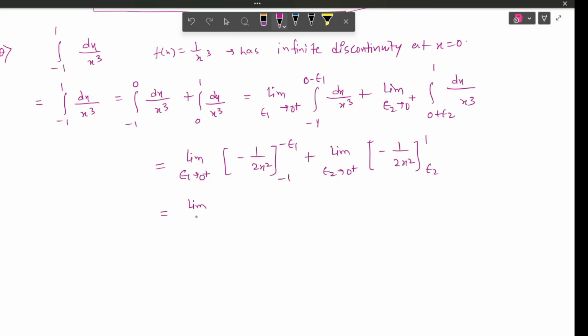So this would be the limit as epsilon 1 tends to 0 plus. If you put the upper limit, it would be minus 1 by 2 epsilon 1 square, and minus the lower limit, so minus minus would be plus, and it would be half. Plus the limit as epsilon 2 tends to 0 plus. If you put the upper limit, it is minus 1 by 2, and minus minus is plus, so it will be 1 by 2 epsilon 2 square.